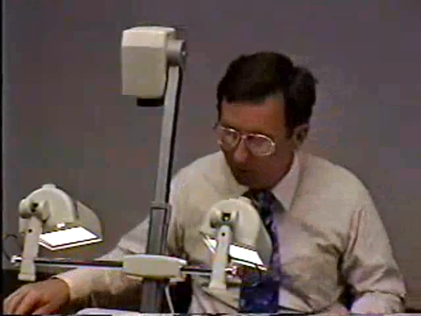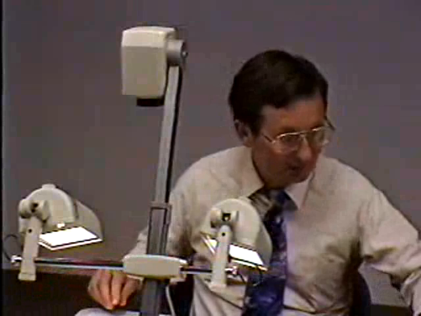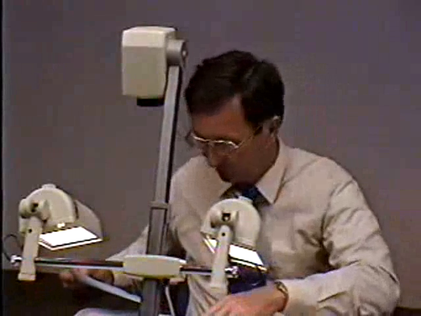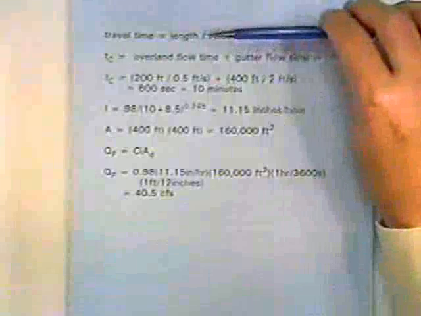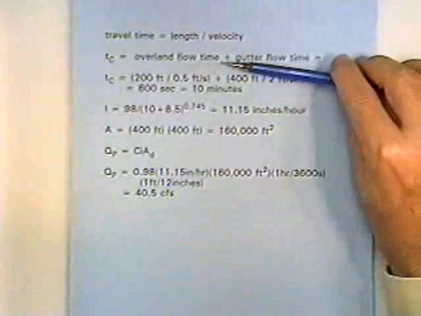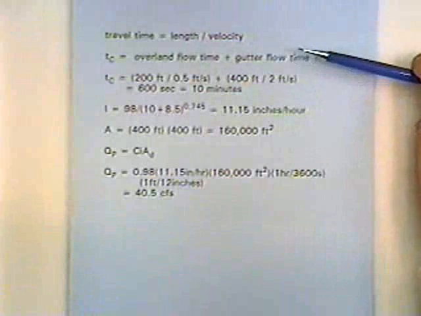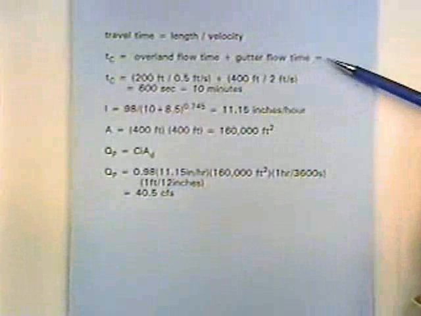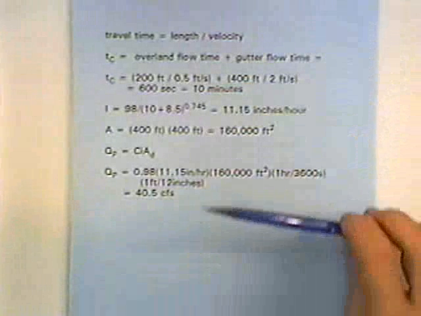Okay, so this is College Station. Notice College Station is in Brazos County, and we can use the Department of Transportation regression equation to get the rainfall data. We need the time of concentration. Travel time is just the length divided by velocity. The water is traveling across the pavement, and then it's traveling in the gutter. The overland flow time plus the gutter flow time will give us the total time of concentration.